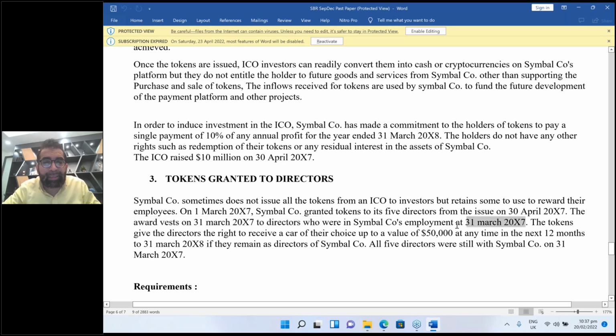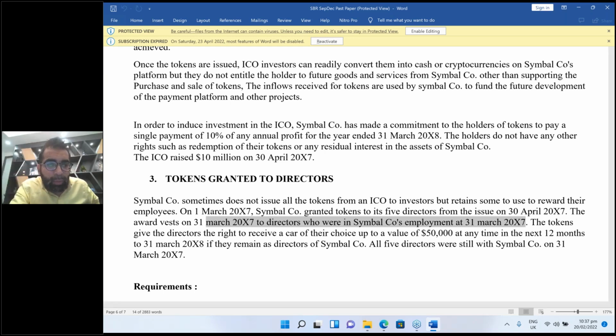That's it. See this. Those who are in employment at 31st March X7, they are eligible. The award vests, meaning given, meaning confirmed, on 31st March X7 to directors who were in Symbol company's employment at 31st March X7. That's it.